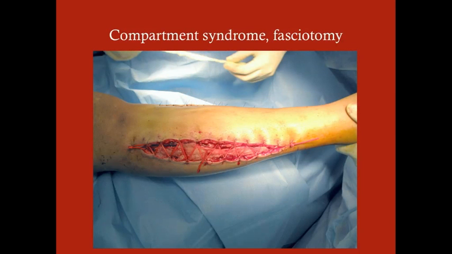So this is a fasciotomy, and I'm not sure, I think this is the leg, can't really tell. But anyhow, fasciotomy is just a cut. All you're doing is cutting the fascia. It's going to be based on the surgeon, that they'll decide where to cut it.